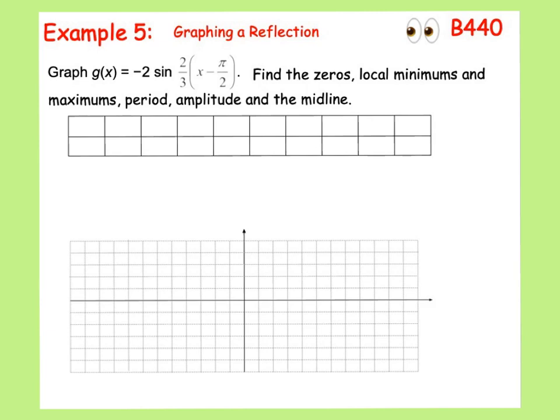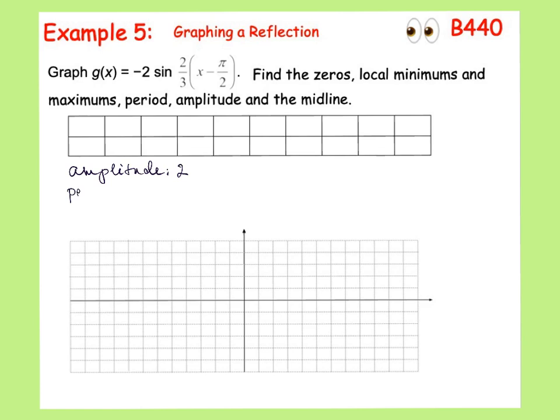This graph is going to be the most complicated one of all that we are going to graph. So let us talk about first what is the amplitude. So the amplitude is going to be 2.